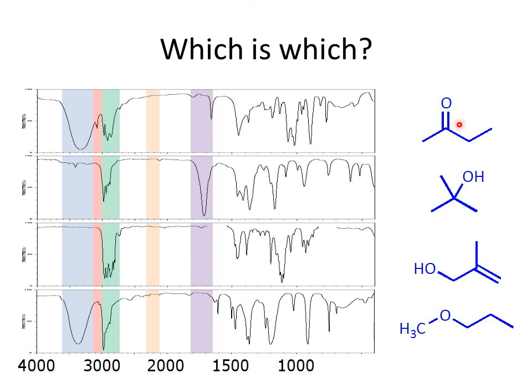And so my last two possibilities were 2-butanone and 1-methoxypropane. It turns out that this one with the CO double bond has to be this. And by the process of elimination, this spectrum corresponds to this molecule. Or in other words, this is the attribution.